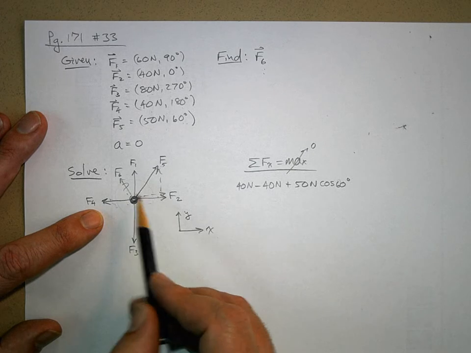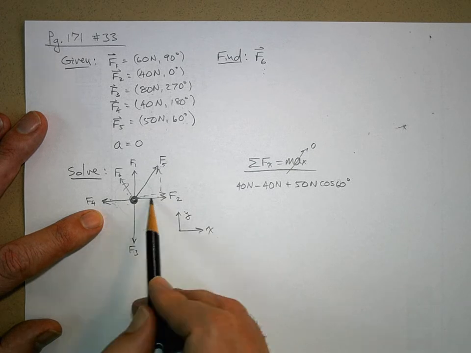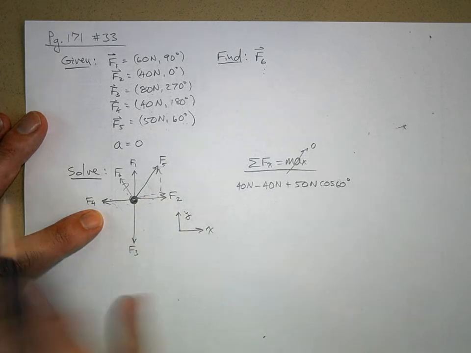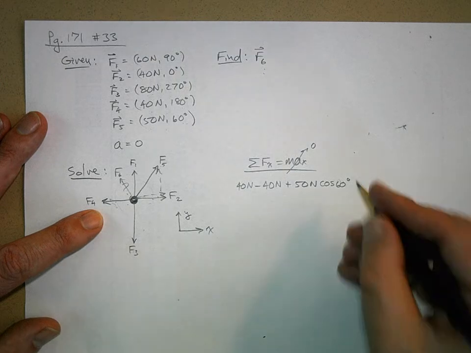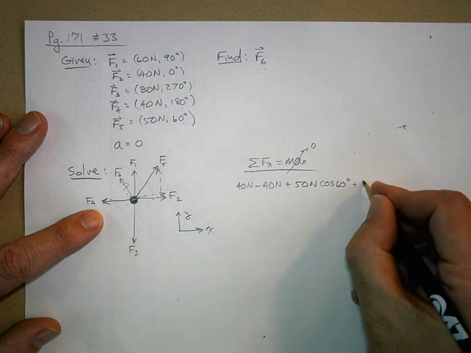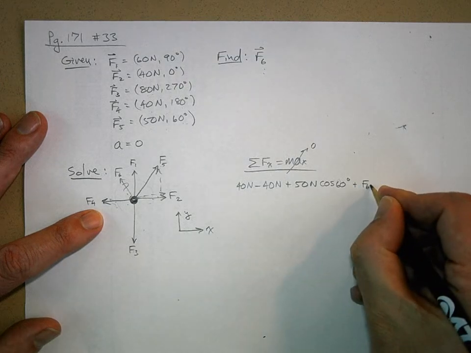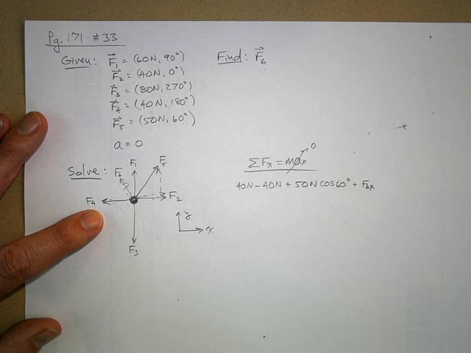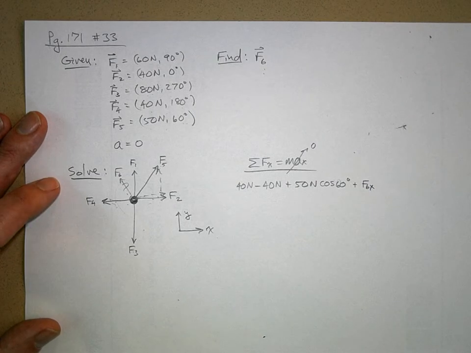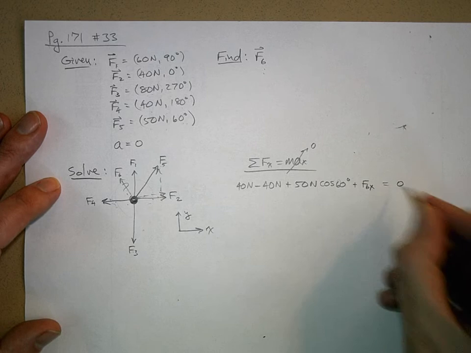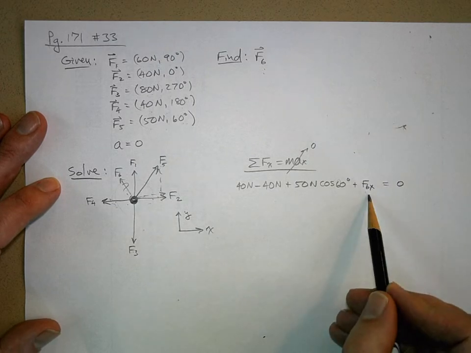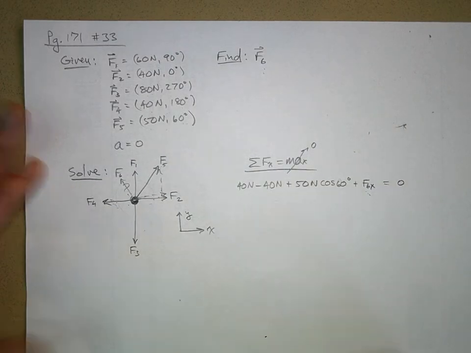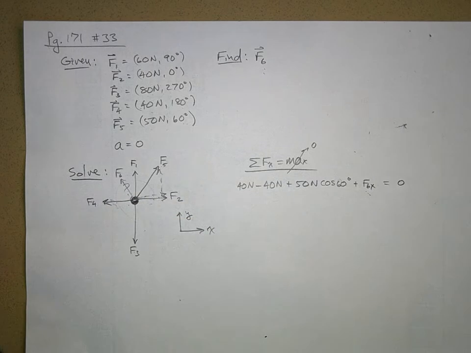Now, I don't know if it goes over here or over here. I really don't have any idea where. So I'm just going to put plus F6 in the x direction goes right, like that. Now, when I do this, if this turns out to be a negative value, that just means it's to the left. If it's a positive value, it'll be to the right.